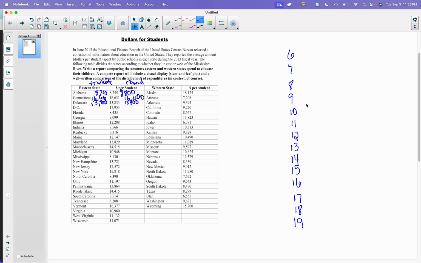So I talked about split stems. Definitely you don't want to do a split stem on this. So then, for Alaska, make sure you label. If you were putting eastern on one side, western on the other, Alaska is 18. If you chose to round, then on the 18 you'd be putting a 2.